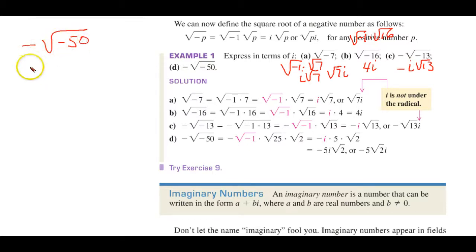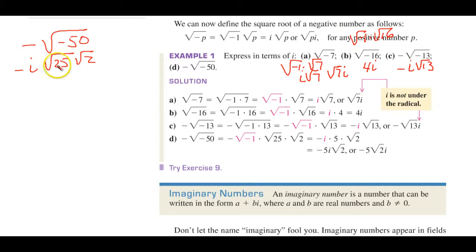Now we had in an earlier section, let's take out the i, and now we had that as the square root of 25 and the square root of 2 as we simplify that, factoring it into one that is a perfect square.